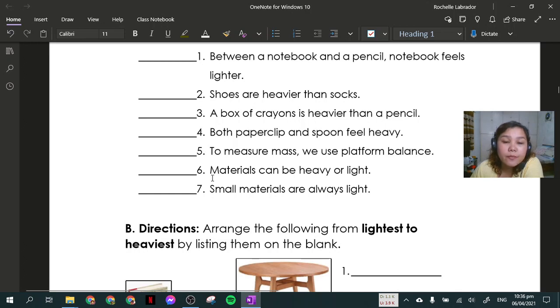Number 6, materials can be heavy or light. Number 7, small materials are always light. Okay, make sure that you have your answers for numbers 1 to 7.